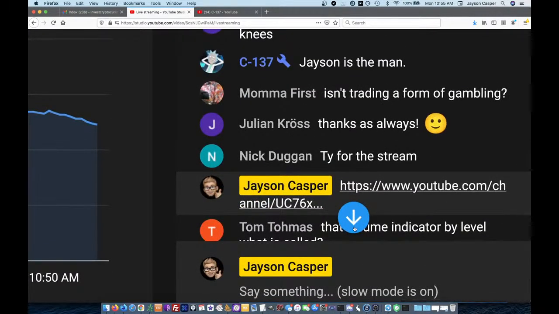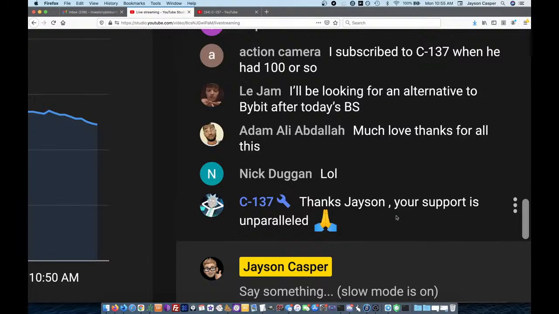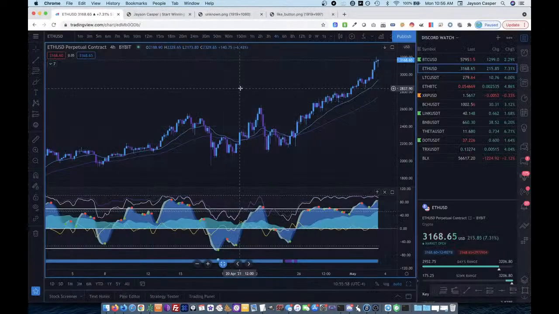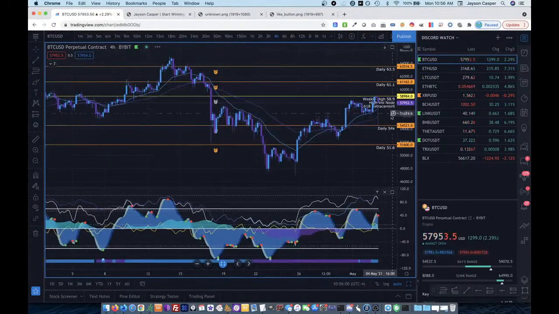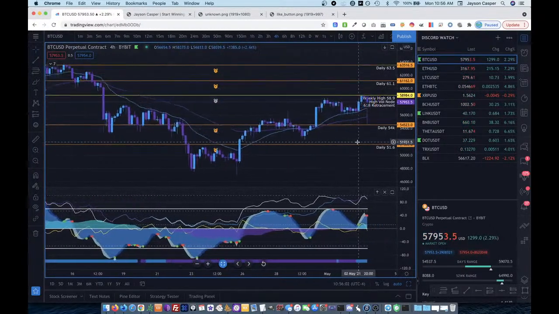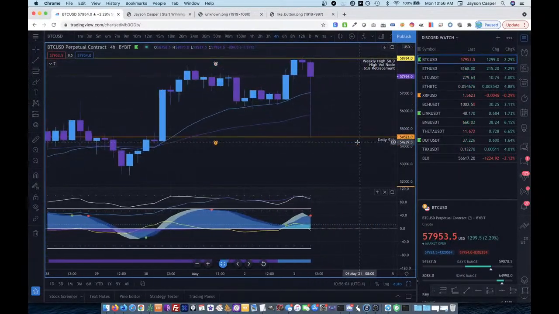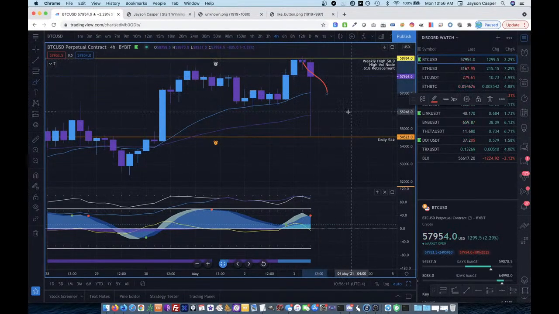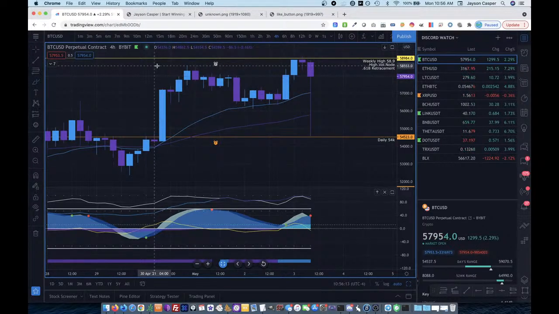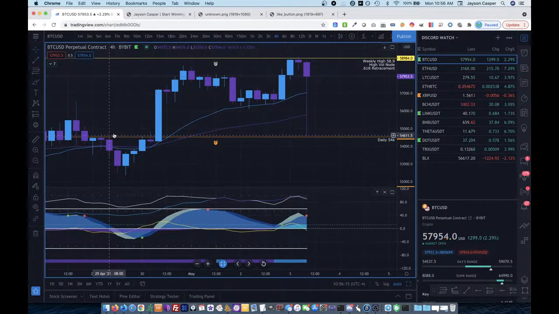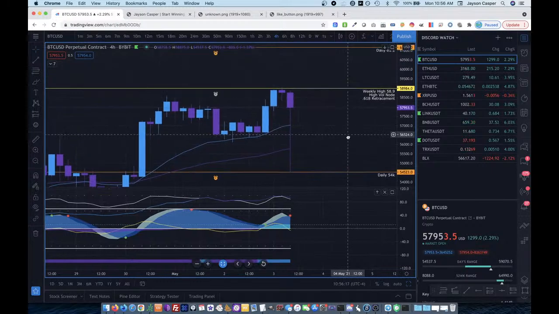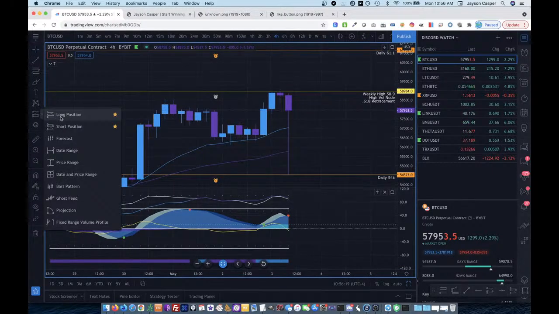And same with trading. With trading, you're not just gambling. You're not just pulling the lever on the slot machine. No, you're doing your technical analysis. Look at this. I did my technical analysis, and I said, if we come up to this level, I'll be looking for a short, a rejection. I have very good risk management because I know that when we come up to this area and I'm looking for my short, I know how much I'm willing to risk.